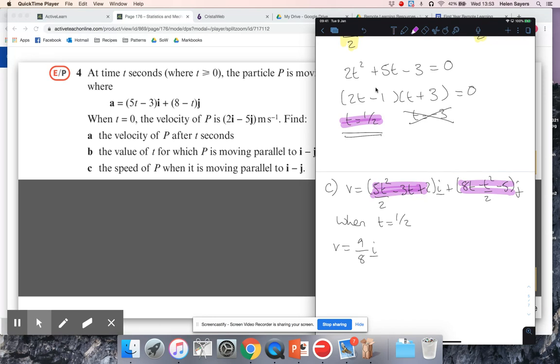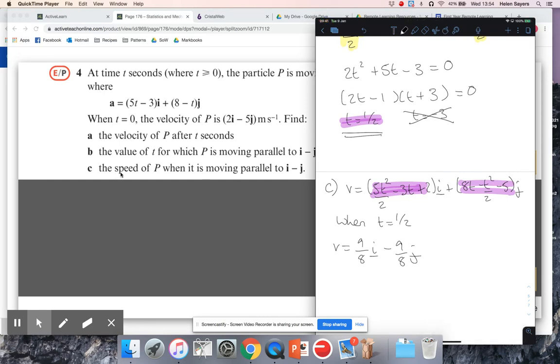So now I'm just subbing a half into my j vector, so 8 times the half minus the half squared over 2, minus 5, awesome, does give me minus 9 over 8 j. Okay, so that's also just to check that my answer to part B does seem to be correct.